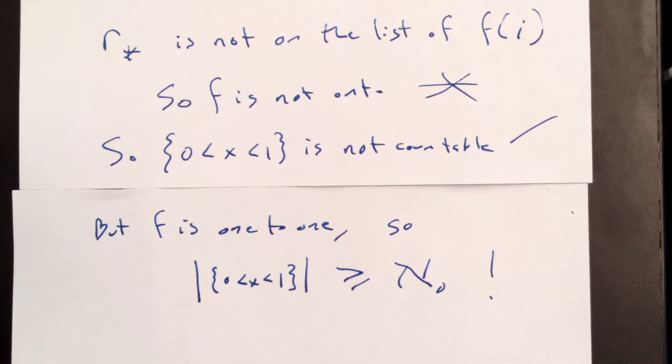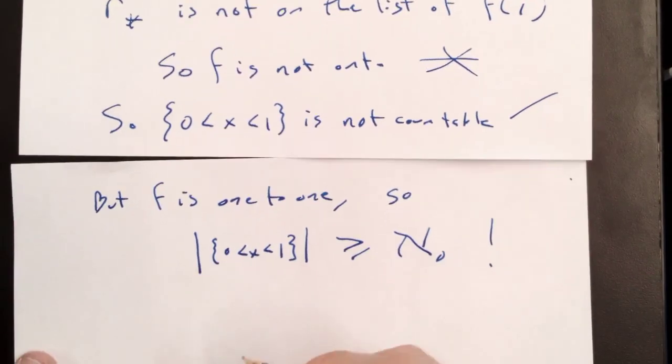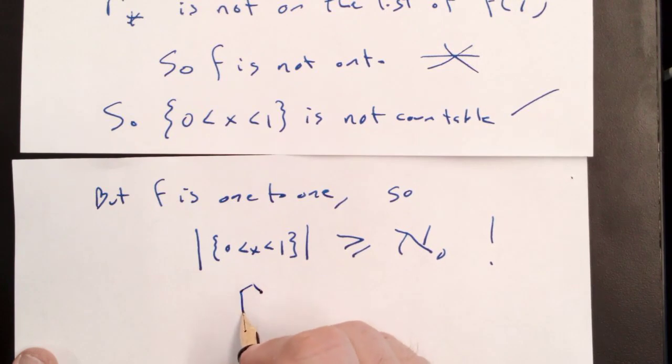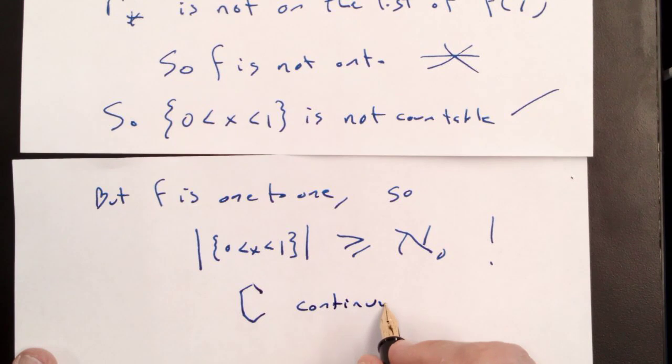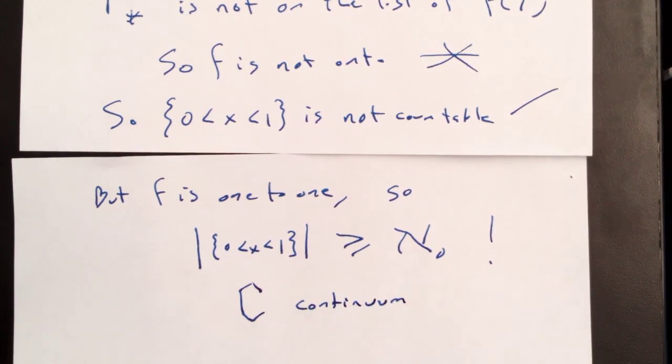I'm going to steal again directly from Georg Cantor, and I'm going to call this a continuous set. It's a continuum. It's all the real numbers. It's a solid line. The continuum, C. That's the size of an uncountable set.